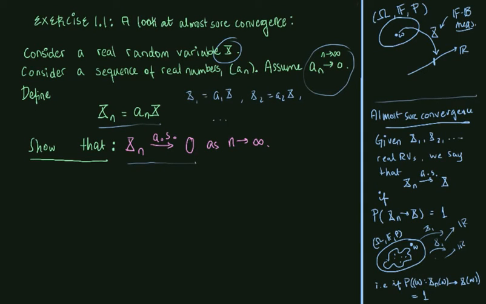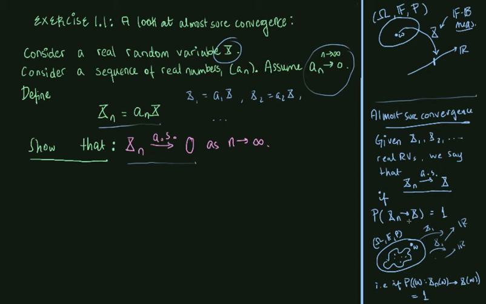Now let us continue to look at almost sure convergence. So I would actually like to repeat once more the point that I was making in the previous video. When we look at almost sure convergence, we say that Xn tends almost surely towards X if the probability of Xn going towards X is 1.